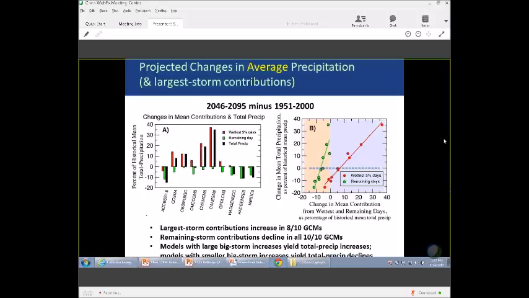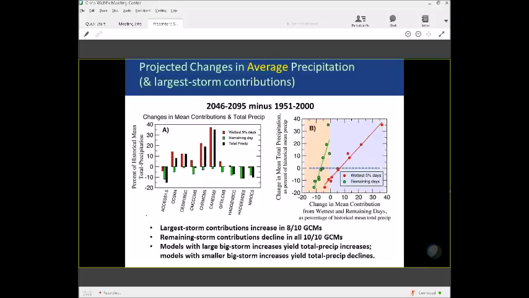You can play the same game with the year-to-year variance, how big those swings between wet and drought periods are, and the story ends up being largely the same. There's more scatter to it and the like. I think the bottom line here is that models with greater large storm variance increases end up yielding more year-to-year variability of the total precipitation.